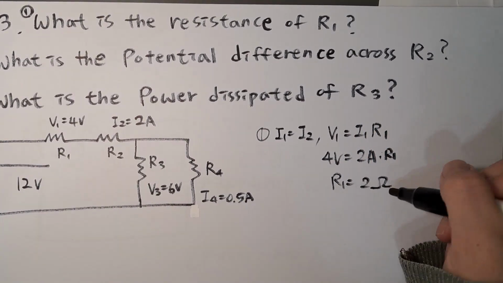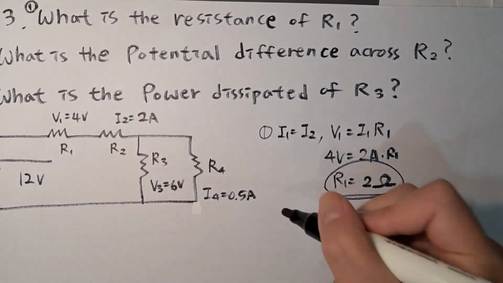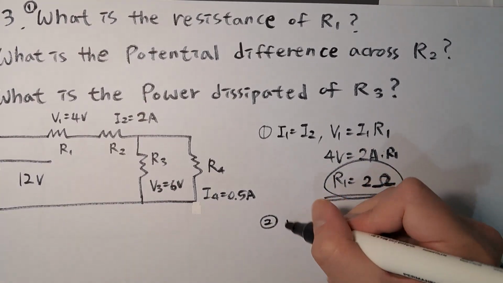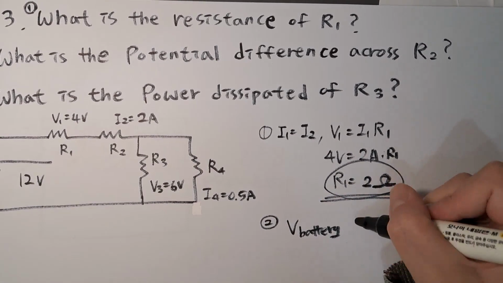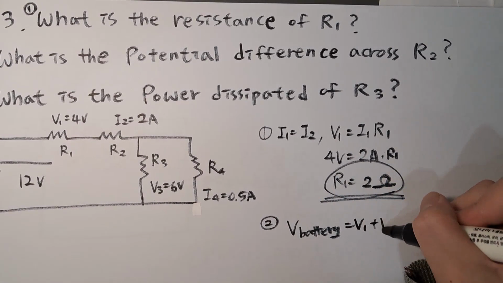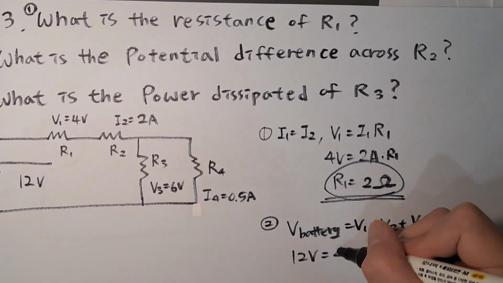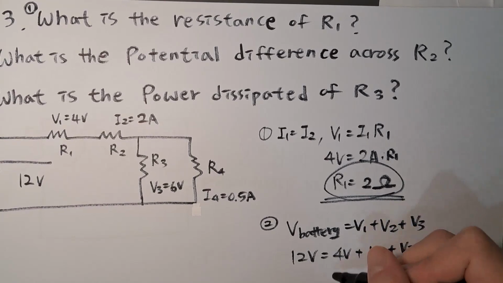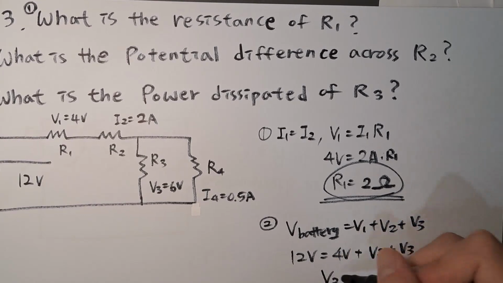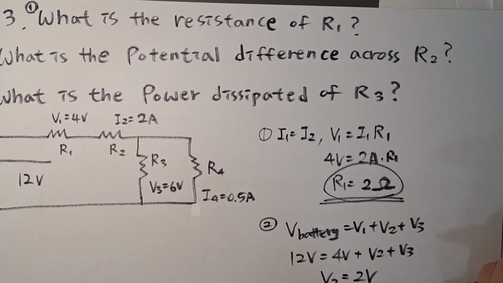So the R1 is going to be 2 ohm. Secondly, we are going to find the battery voltage. So the potential difference across R2 is going to be 2 volts.